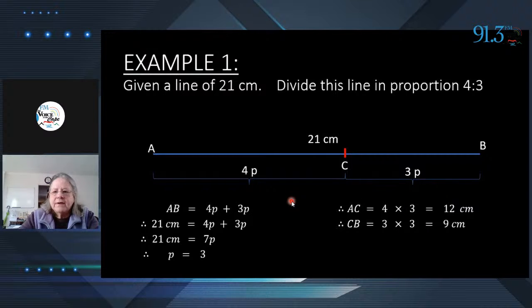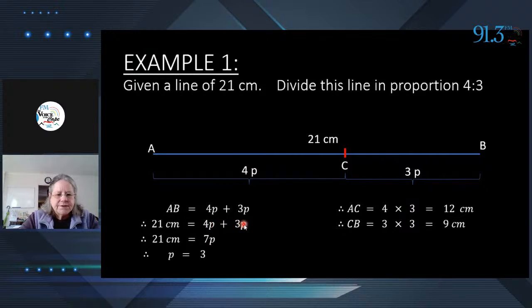And the other bit, 3P. And if we know what P is, we know the centimeters of each of those lines. So we will start off by saying AB equals 4P plus 3P. And plain algebra, AB is 21 centimeters. We replace AB with 21 centimeters equals 4P plus 3P.